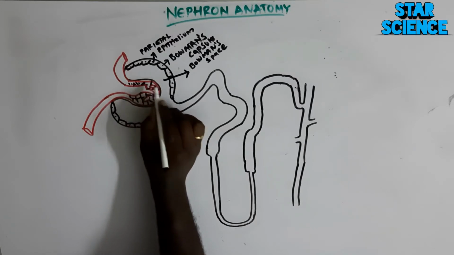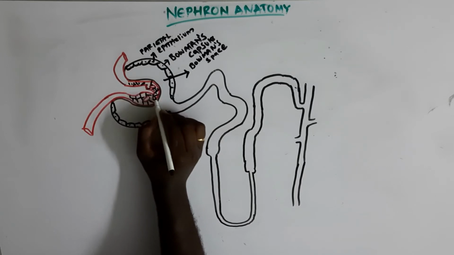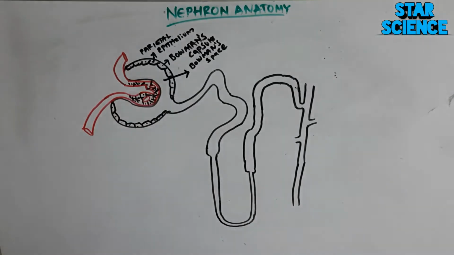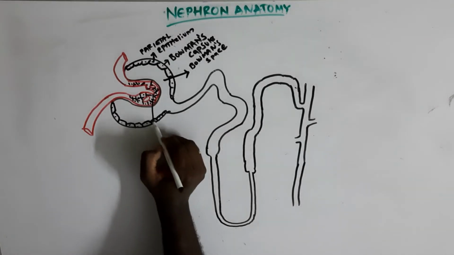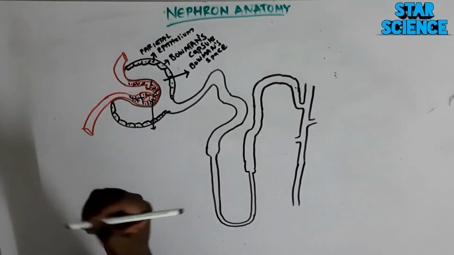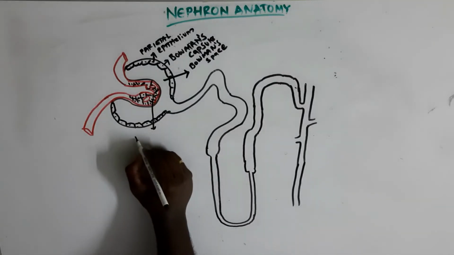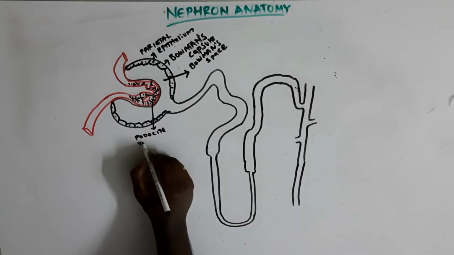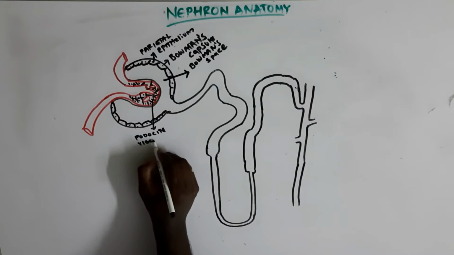And where I am drawing right now, these particular regions will be the podocyte cells, which are attached to the Bowman's capsule. As we saw the parietal epithelial cells, in this region you have to remember the inner lining is called the podocytes, and it is also called the visceral epithelial cells.